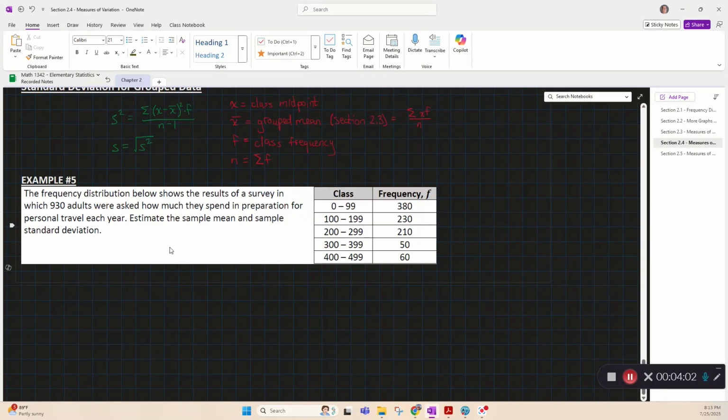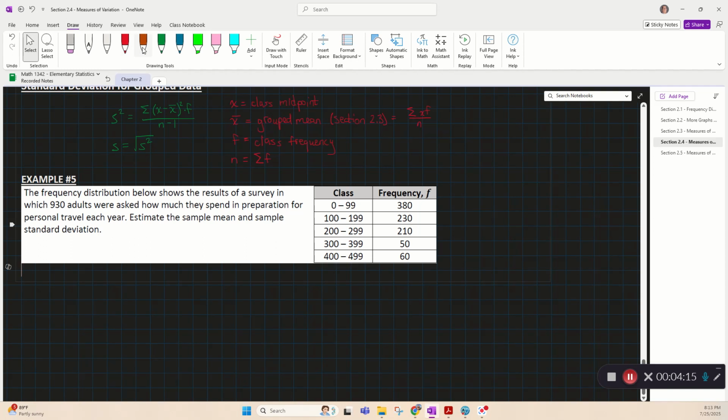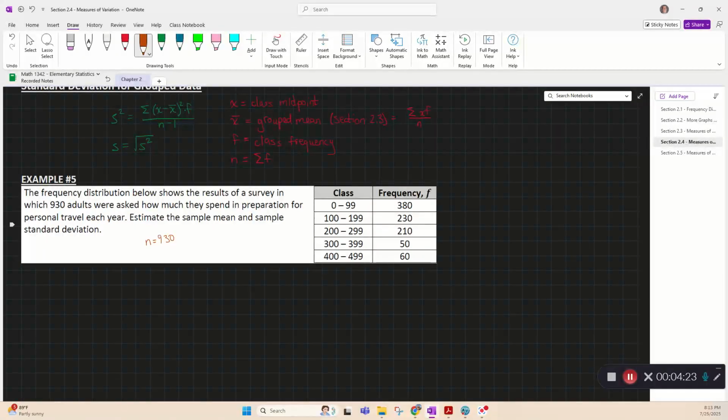And in the problem, it actually tells us that. It says the frequency distribution below shows the results of a survey in which 930 adults, there's our N right there, 930, were asked how much they spend in preparation for personal travel each year. Estimate the sample mean and sample standard deviation.